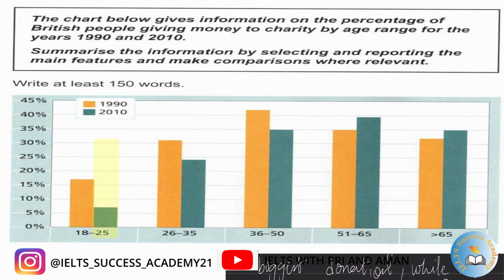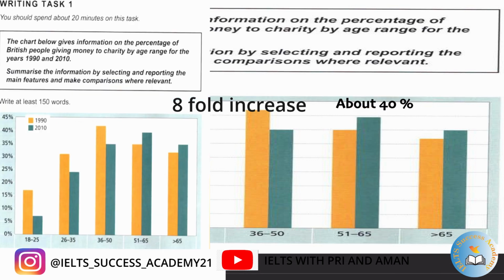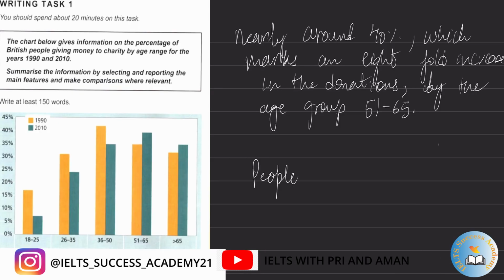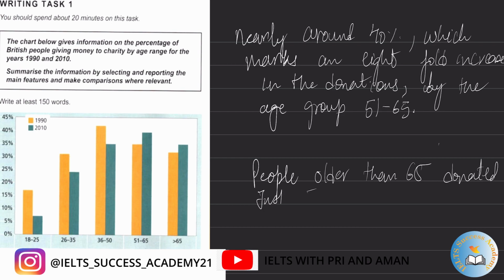Because we can see that the age group 18 to 25 in the year 2010 donated about 5%, but the age group 51 to 65 had donated nearly 40%. So this is an eightfold increase. People older than 65 donated how much? About just above one third, 33%.